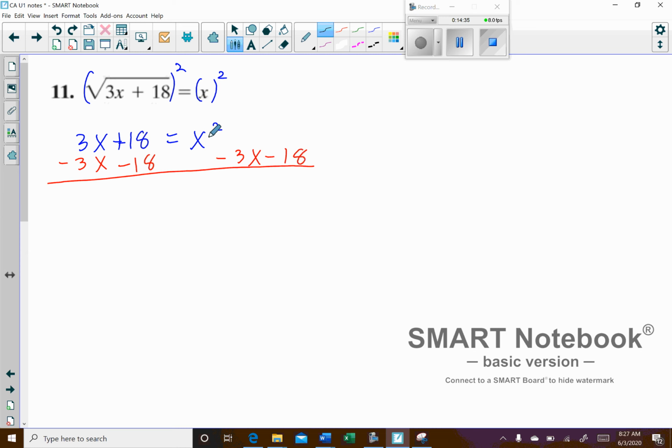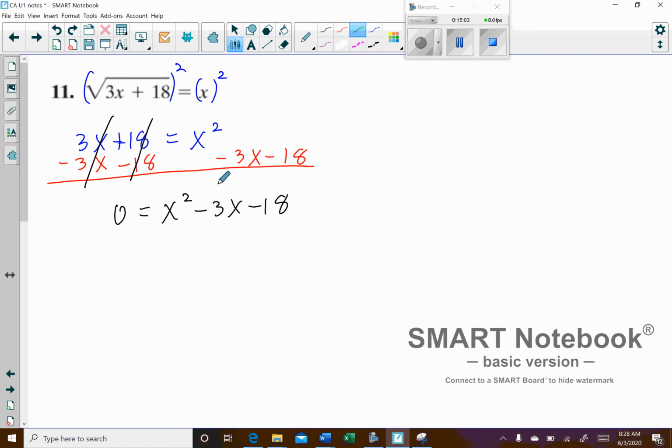There's other ways I could do this even if I moved it over, but anyways, that's the way I'm going to do this one. So 0 equals x squared minus 3x minus 18. So, by the way, what's different about this is we do have x squared, right? And that's why I set it equal to 0. Put all the terms on one side, because you should think factoring. I should probably be able to factor this, and that is going to be the case.